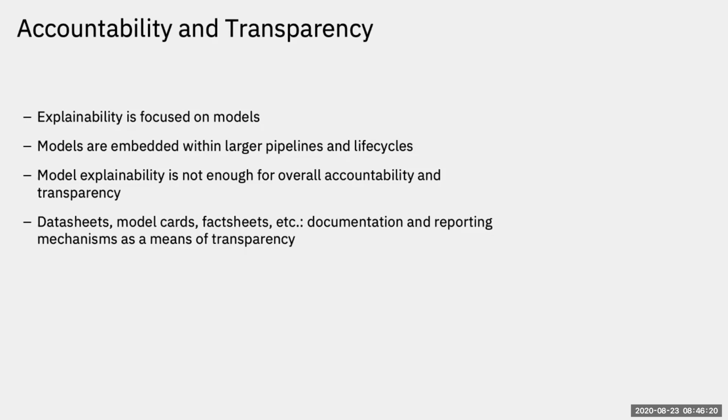A solution to that is a set of ideas including data sheets, model cards, and fact sheets. These are ways of documenting what's going on from end to end throughout the process of creating a machine learning system and reporting those as a means of providing transparency. These can include test results, but also intended uses and so forth.